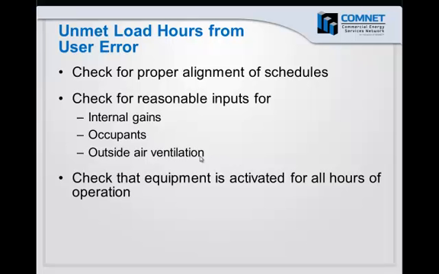So you need to make sure that all the schedules are aligned properly. Also, sometimes you miss a decimal point on internal gains or occupants or something like that, and this can cause a big problem. And the third point is just to make sure that the equipment is actually turned on and activated for all of the hours of operation.